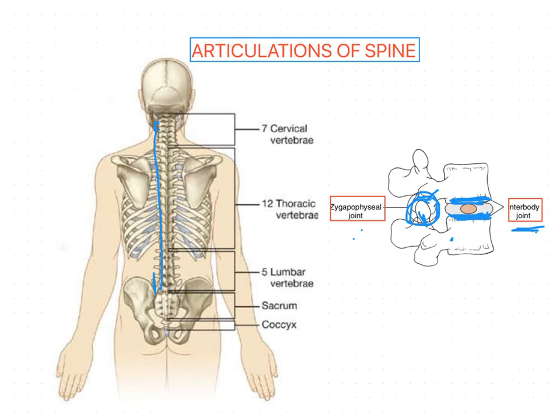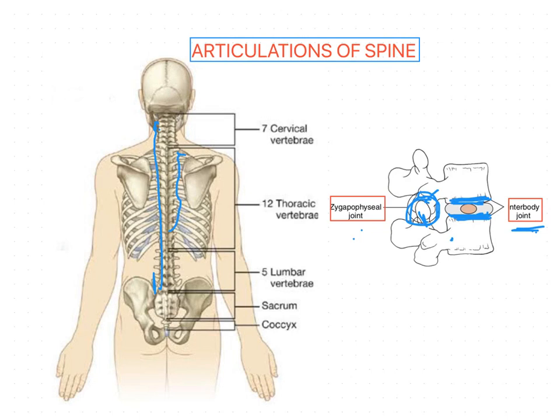The vertebral column also articulates with other bones, and these are also synovial type joints. The vertebrae in the thoracic region articulate with the ribs, forming costovertebral joints.